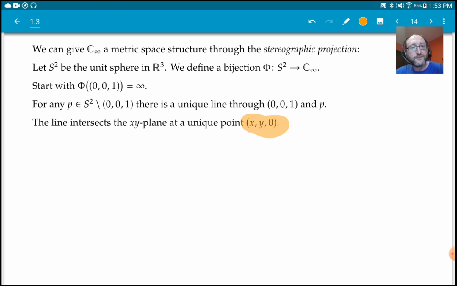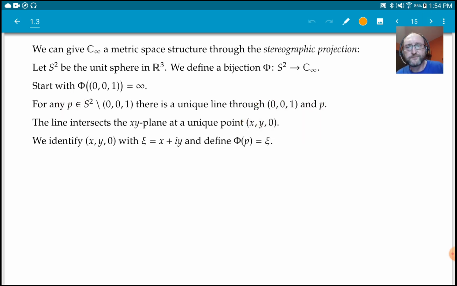So basically, for any p in the sphere that's not the North Pole, look at this line and see where it has to intersect the xy plane, because otherwise, it would have to be tangent or parallel to the xy plane. But if you think about it a little bit, that's not possible. So it always intersects somewhere.